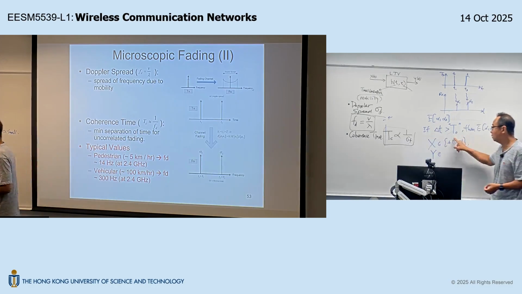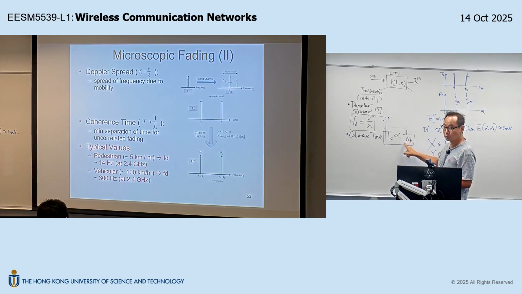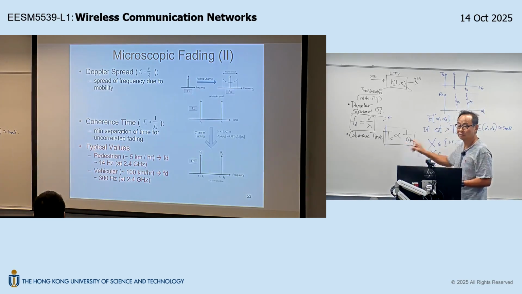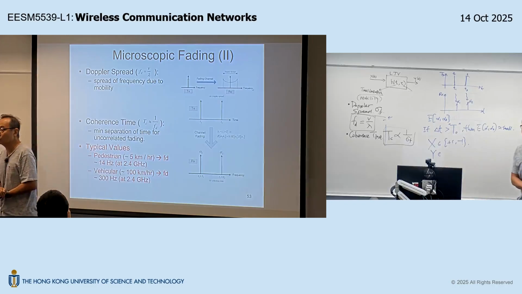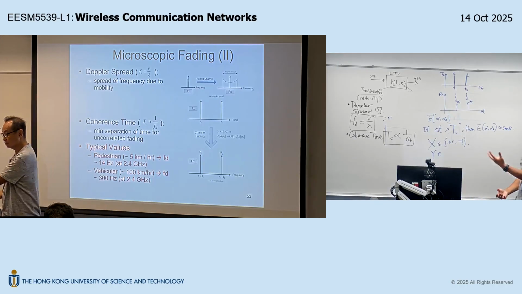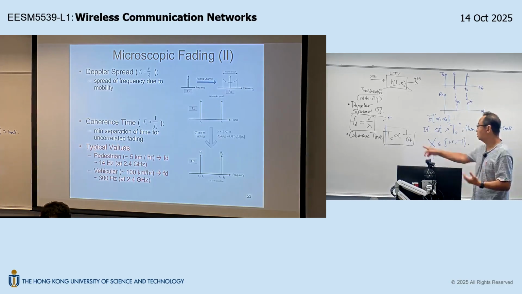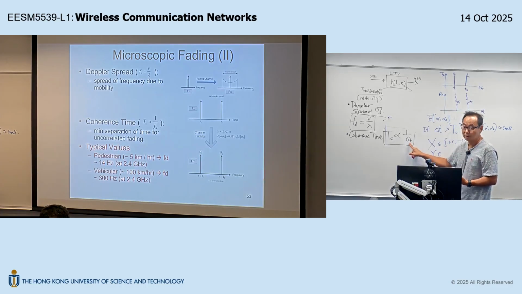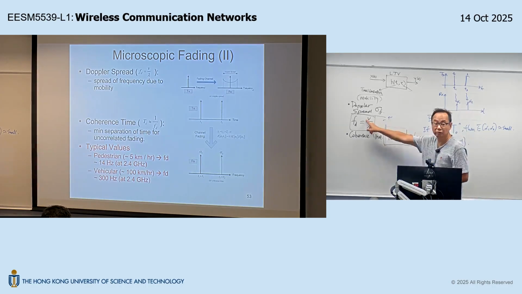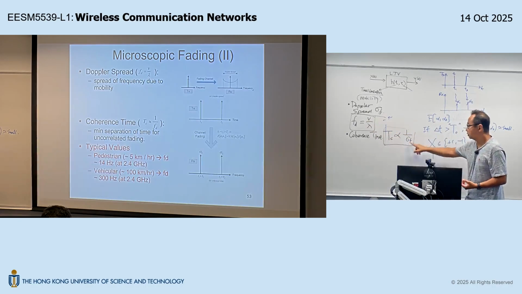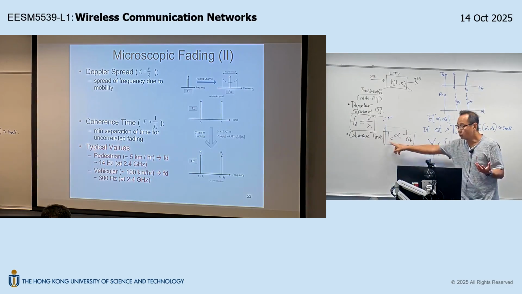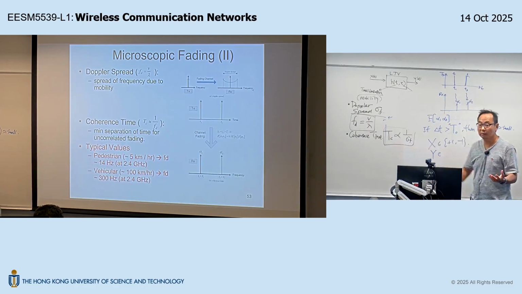And this coherence time is inversely proportional to the Doppler spread. So for a pedestrian user holding a mobile while walking, the Doppler spread would be small, because the speed would be small. With a small Doppler spread, the coherence time for a pedestrian user will be large.